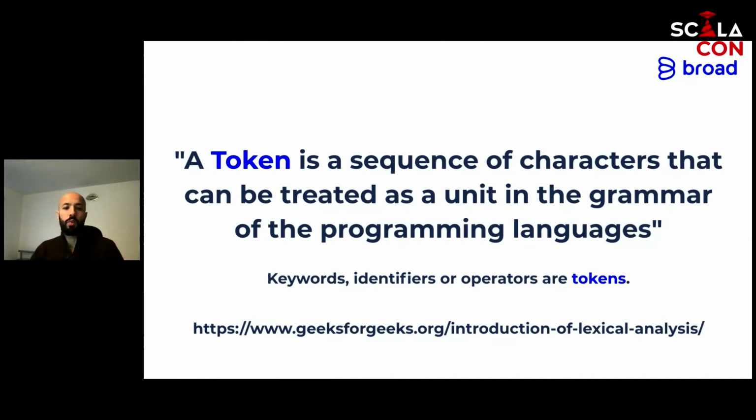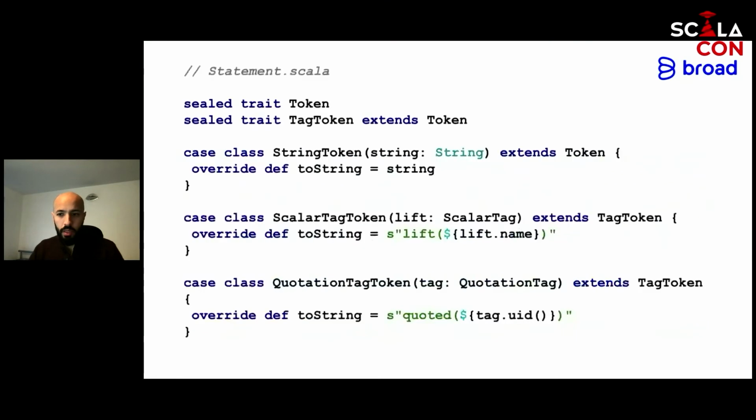Given that what we will do is translate our Scala code to that SQL idiom, we need to define a few of these tokens and these tokenizers. So this is basically the definition of a token and a few of its implementations. So we can have a tag token, a string token, a quotation tag token.